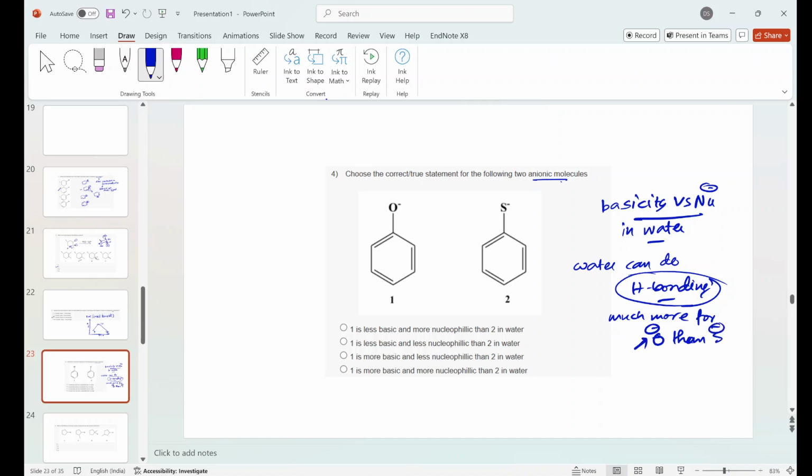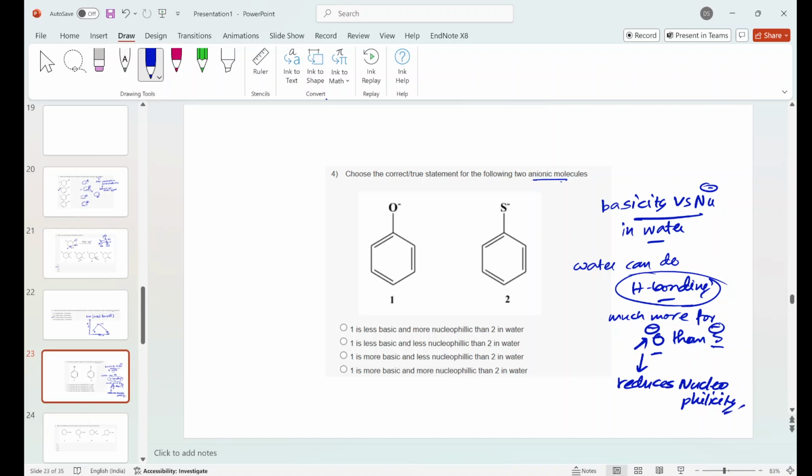Because here the electron is not distributed more, because sulfur is bigger in size than oxygen. Electron is confined here, so it can have much more hydrogen bonding, which reduces nucleophilicity.